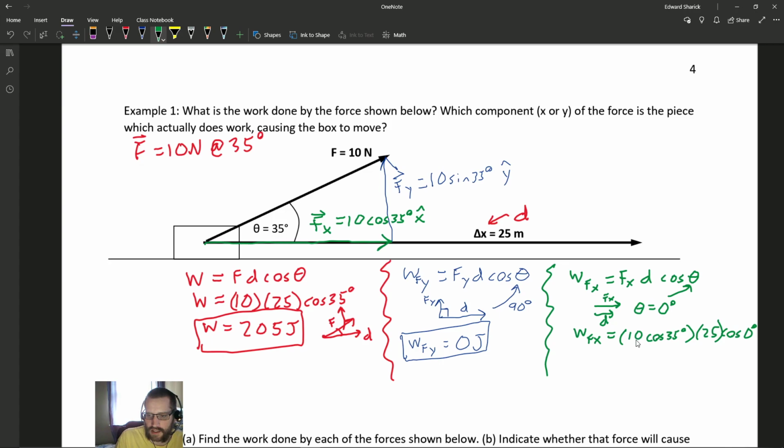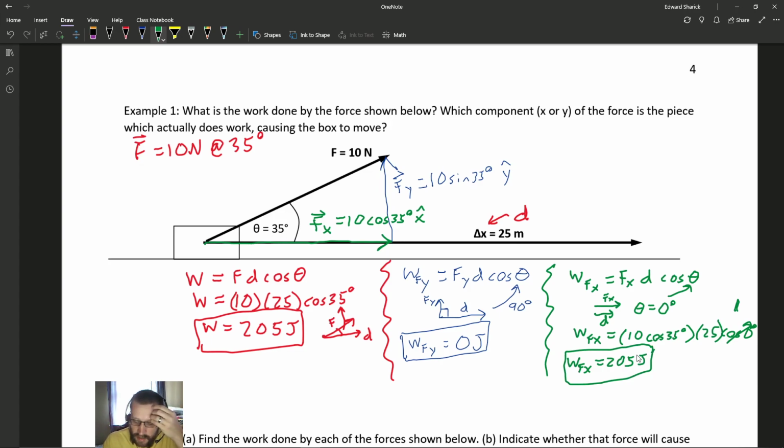If I look at this, it's 10 times cosine of 35 times 25 times 1. This is 1 when you plug that in, so this term goes away, and then it's just a matter of multiplying these 3 together, and you're going to see that you get the same answer as you did when you looked at the whole thing, 205 joules.